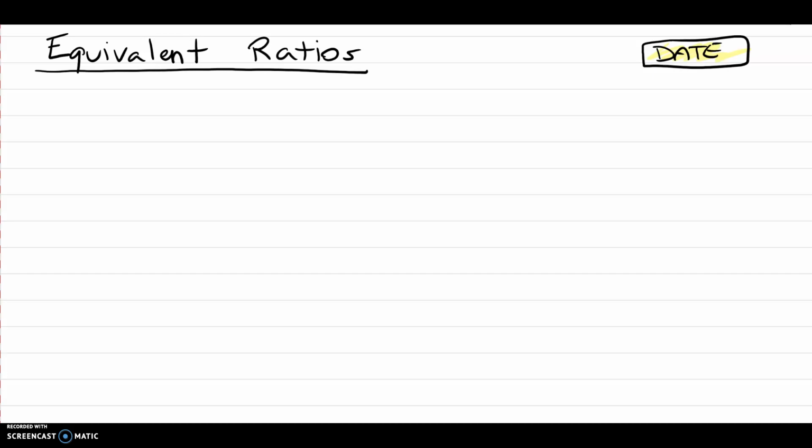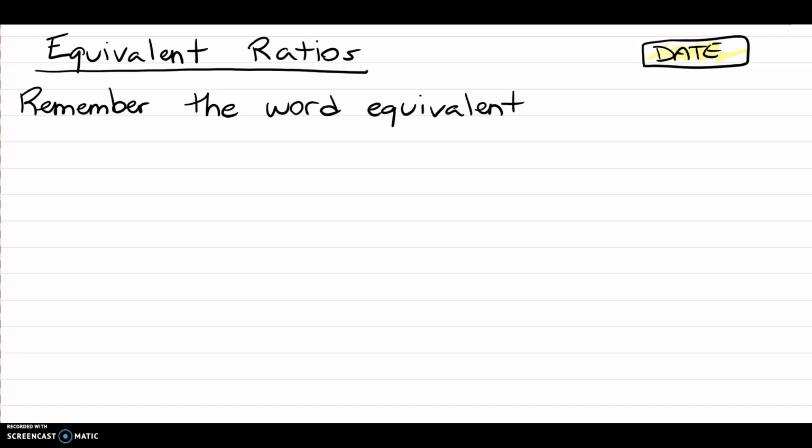Alright, so first thing, let's remember that the word equivalent means the same or equal. So if two things are equivalent, they're the same or they are equal to each other.